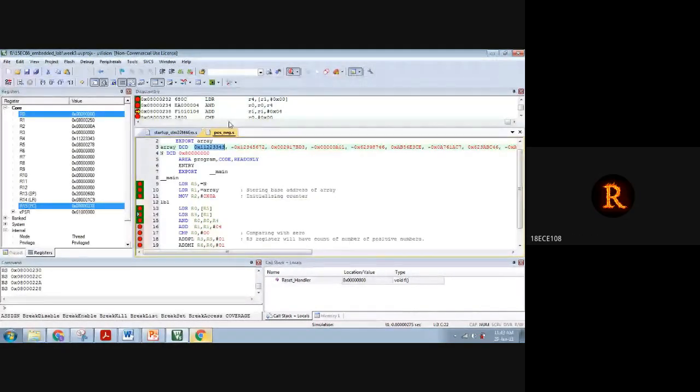It is a positive bit, because you have to represent this in binary. If you represent this in binary, this 1 will be represented as 0001, so the 31st bit will be 0 here.